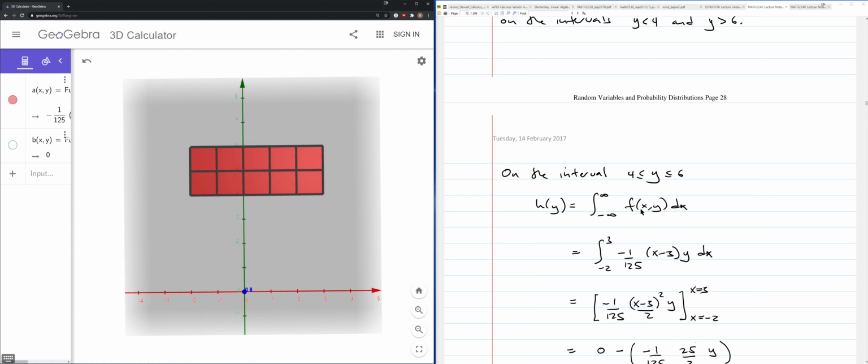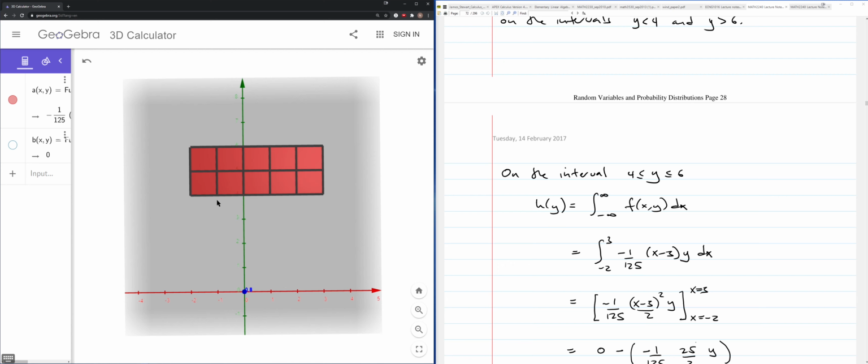Now this joint PDF, in the x direction, is 0 before x is equal to minus 2, and it's 0 after x is equal to 3. So in order to work out your integral, all you need to do is integrate between minus 2 and 3 over here.